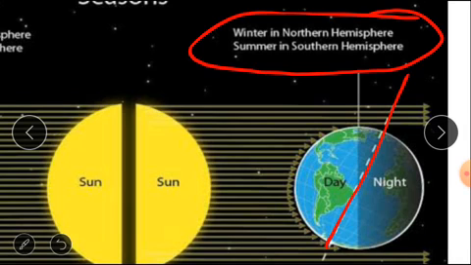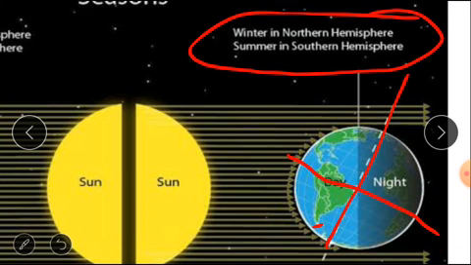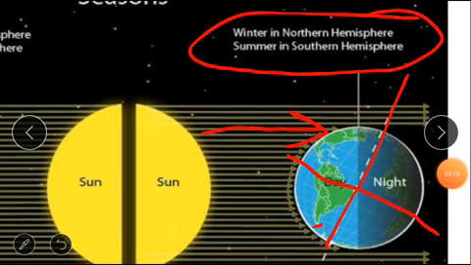Because this is the equatorial line. The southern hemisphere is facing the sun directly, while the northern hemisphere is more away from the sun, and the sunlight reaches late in the northern hemisphere as compared to the southern hemisphere.